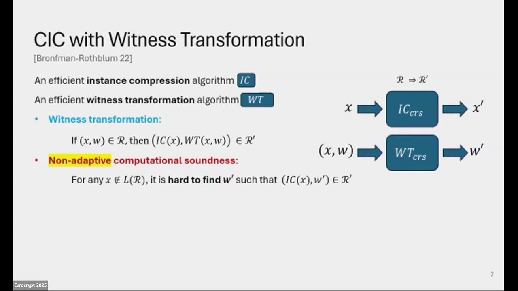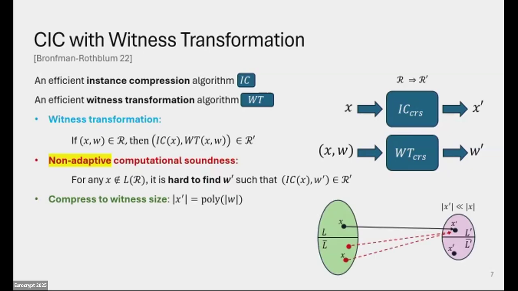In this non-adaptive notion, the adversary gets to pick x independently of the CRS, and then after that, it can see the CRS and find w prime. The compression parameter will stay the same through the entire talk. It might be that the adversary can find an instance that is not in L and is mapped to an instance in L prime, but it is going to be hard to find a valid witness w prime for that instance, so the task of the adversary is harder.